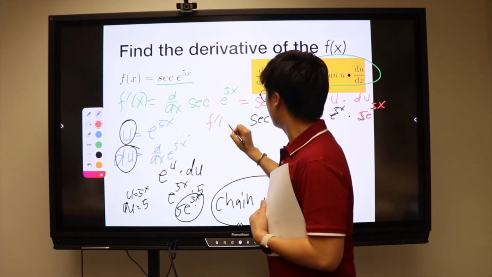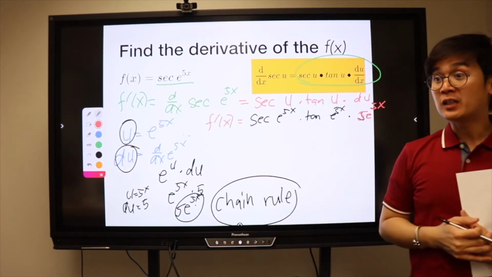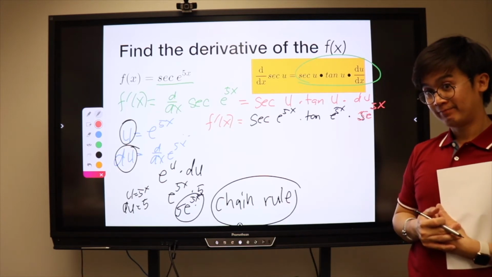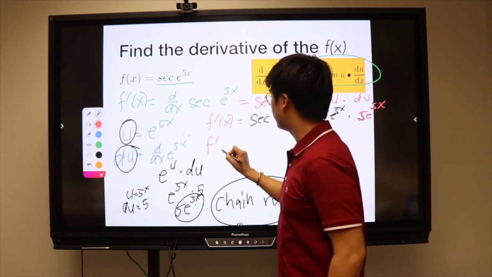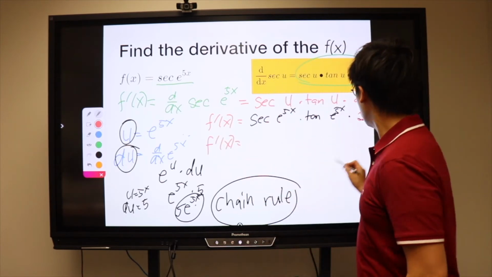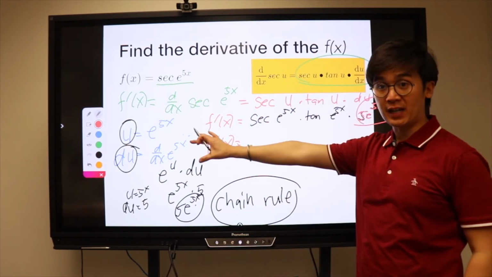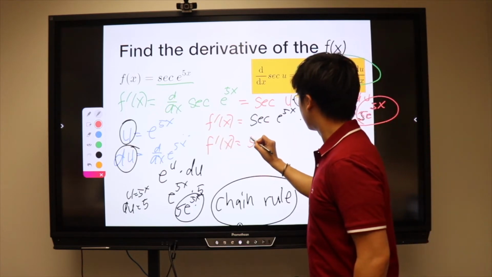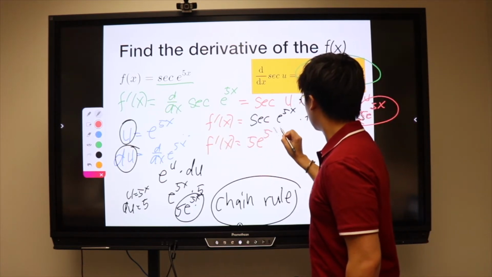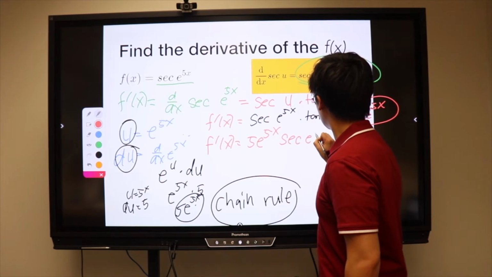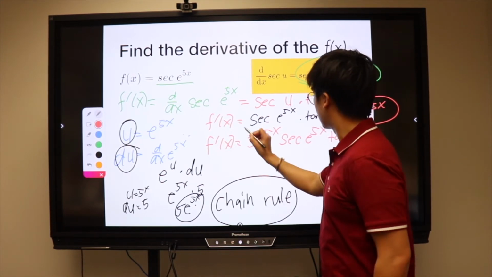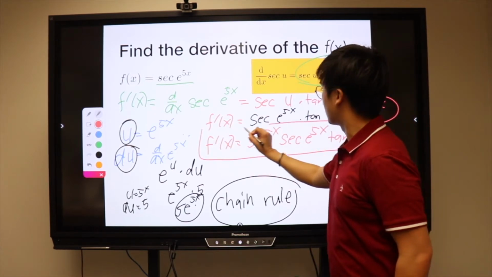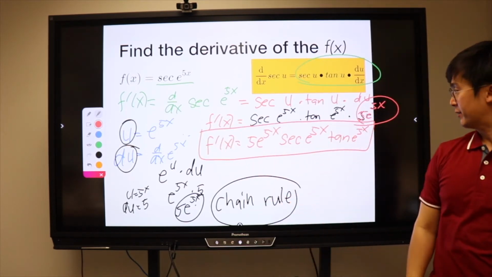This is f prime of x. All we need to do is to make it prettier. Take a shot at it. In standard form, the du will always be at the front. That is your derivative.